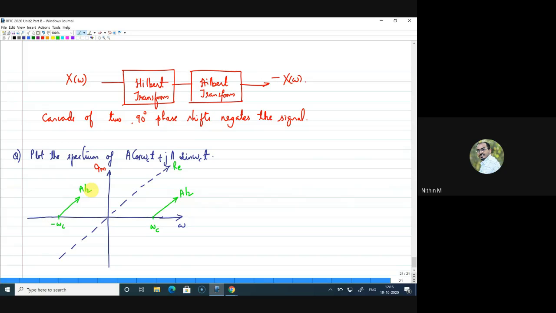This is my first A cos omega ct, and similarly I have j into A sin omega ct.